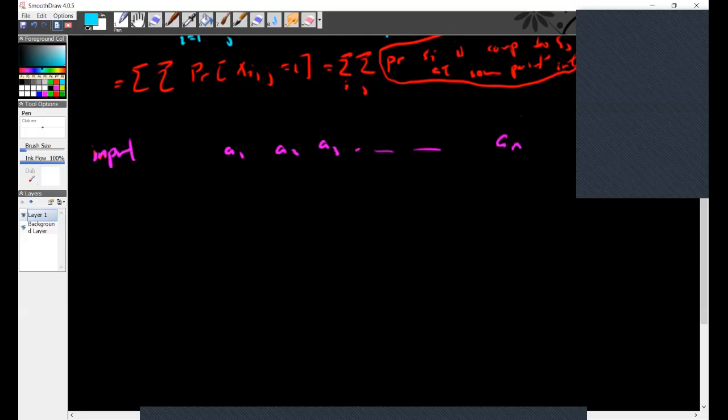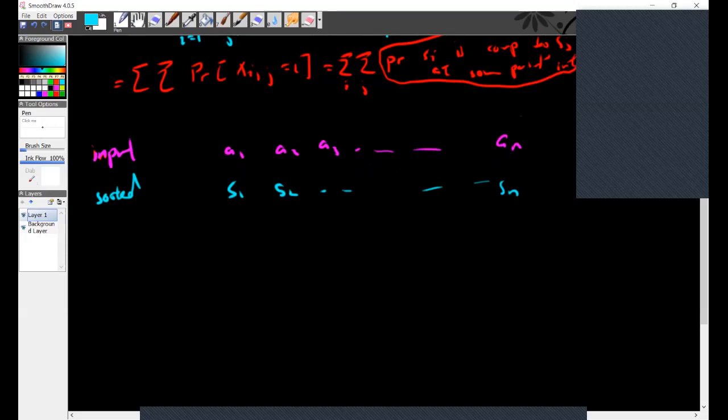And the sorted array looks like this: S1, S2, until Sn. Remember that when I say sorted array, it's the same elements as the input, but you have to shuffle it from the input to get the sorted array. So maybe the elements have to go like this or something. Think about it like that.